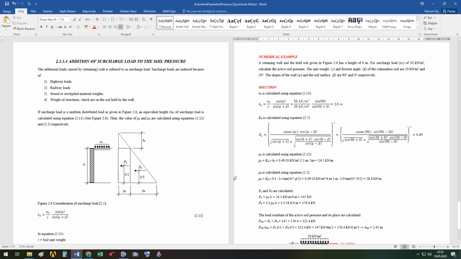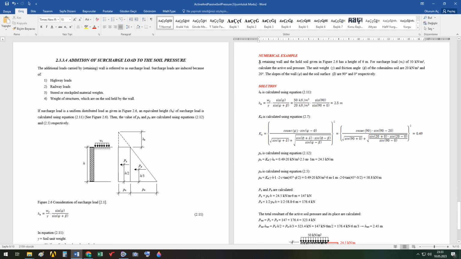Okay, now here we have a numerical example. A retaining wall and the held soil, given in figure 2.6, has a height of 6 meters. This h equals 6 meters. For surcharge load of 50 kilonewton per square meter, calculate the active soil pressure.